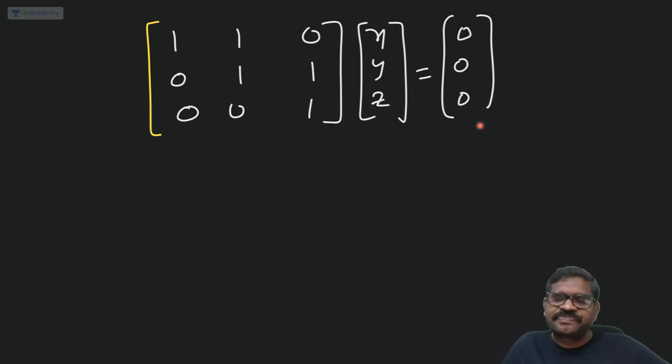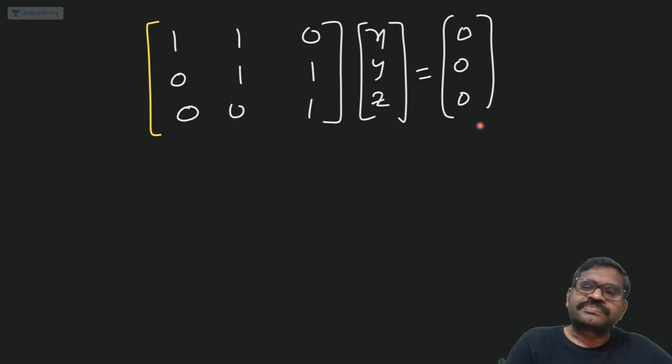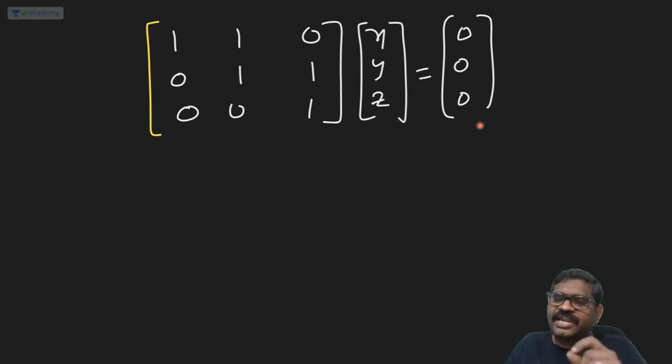Observe here. Is it in echelon form? It is clearly in echelon form. The number of zeros before the non-zero element is in increasing order when you move row by row.